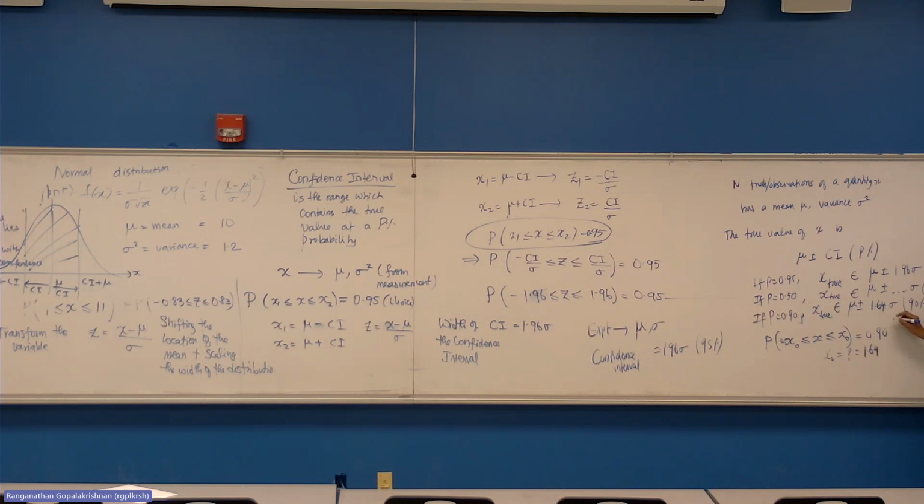What is it if you have to solve for 50%? Negative 0.67. 0.67.